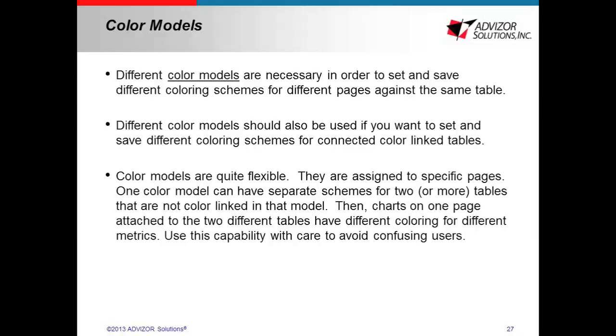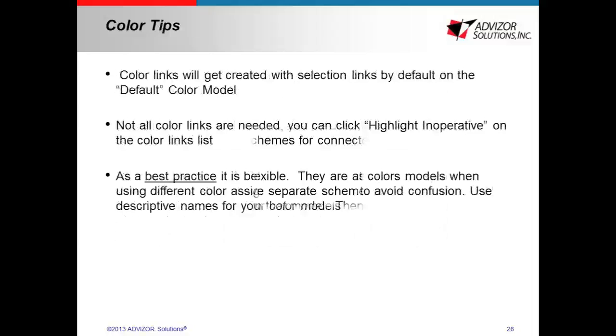So you would have a color assignment, and this is more for authors: just like a selection link connects the different tables in the data, the color links take color from one table to another. So in different models, you can use the linkage differently. Like I said, in our example, you can have 2 pages colored by one model, and then the next page colored by a different one. And I'm going to show you this.